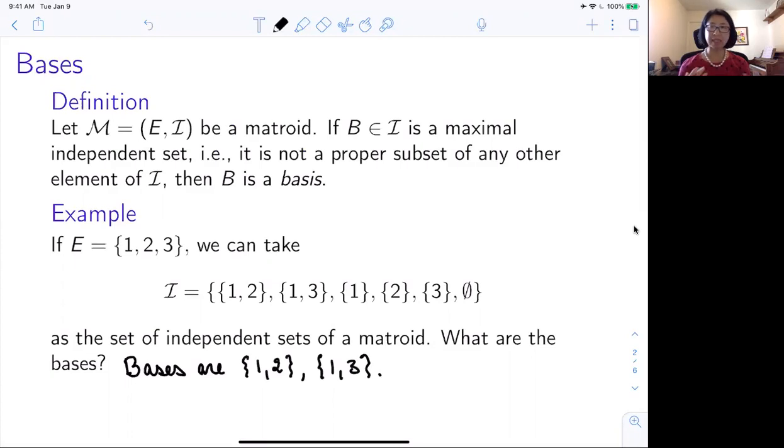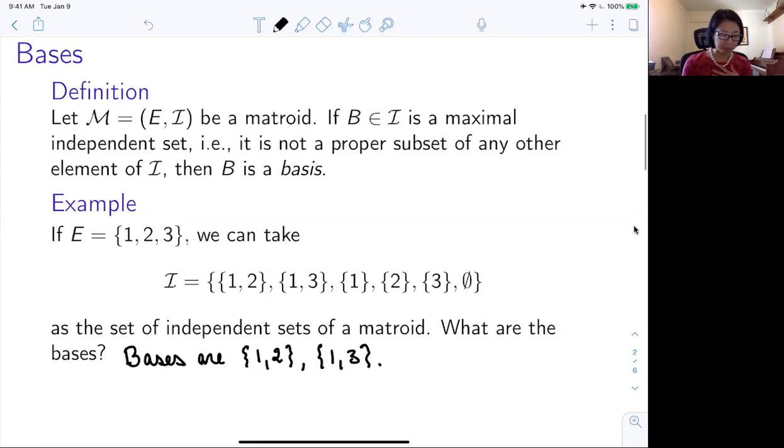And notice that if I wanted to tell you about this matroid, instead of telling you all the independent sets, I could opt to just tell you what the bases are. I could say, listen, the ground set is {1, 2, 3}, and my bases are the set {1, 2} and the set {1, 3}, and then I'll know those are maximal independent sets, and by property 1 of our definition of matroid, I'll know that all of the subsets of the set {1, 2} have to be independent, and all of the subsets of the set {1, 3} also have to be independent. So specifying the bases of a matroid is more efficient than specifying all of the independent sets.